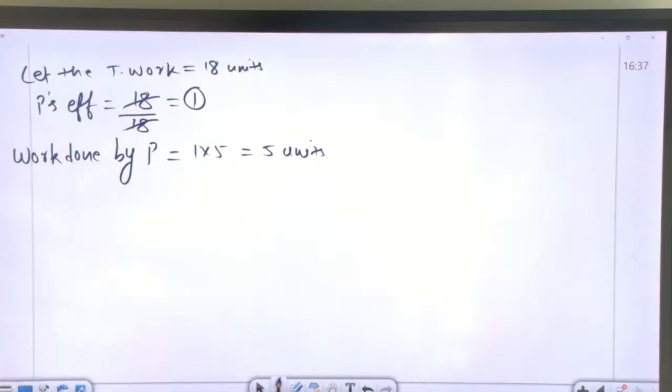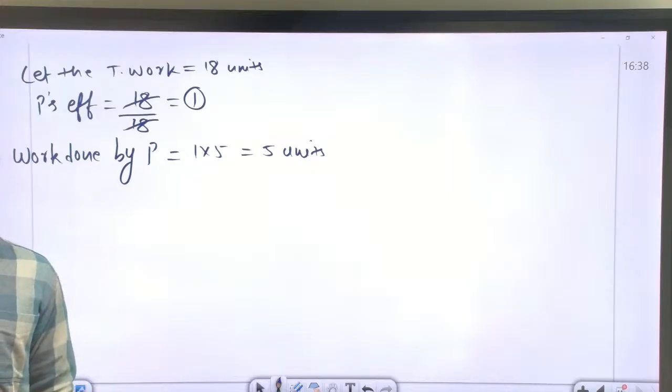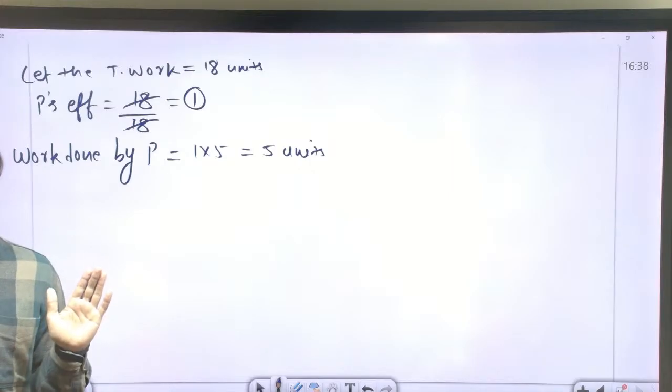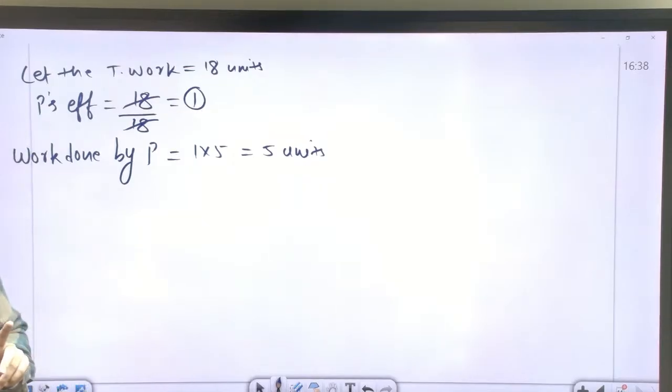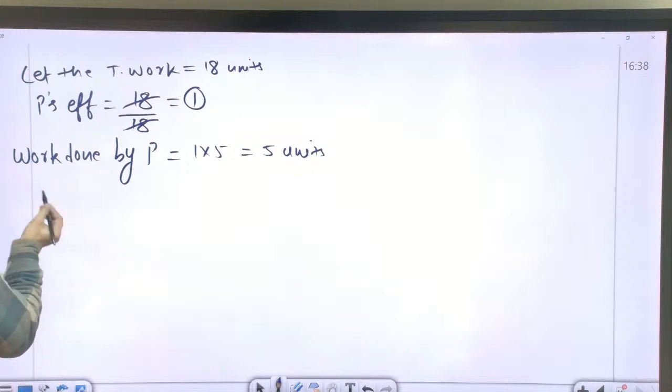Let's read further. If both of them completed the remaining work in 13 by 5 days. So what is the remaining work?